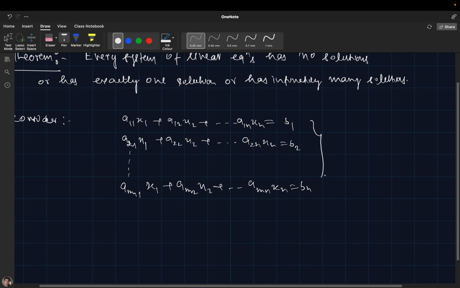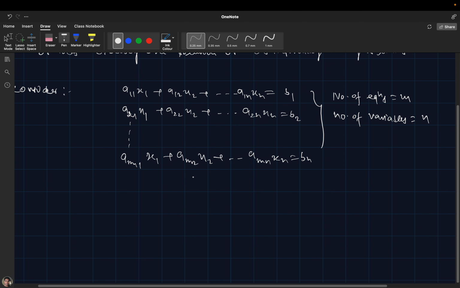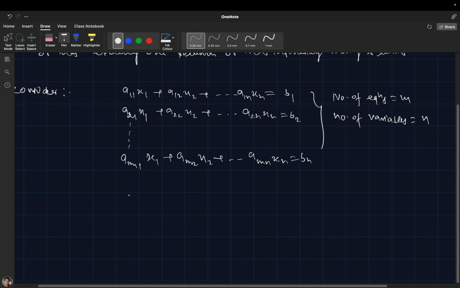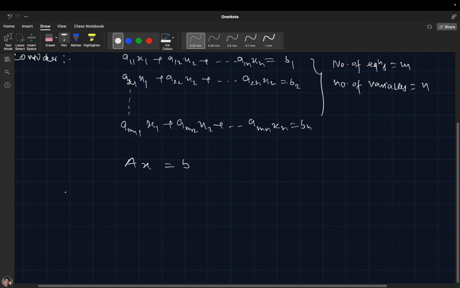So in this system you can see the number of equations is m, and the number of variables is n.